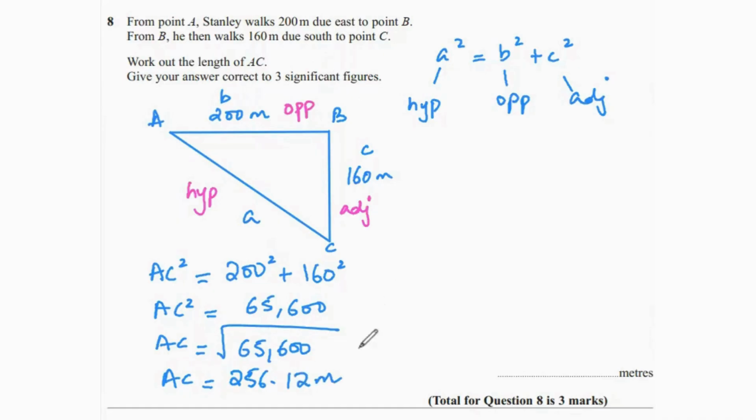We want the answer correct to three significant figures. So three significant figures are going to be 256 meters. That is your answer. So for Pythagoras, the main rule is hypotenuse squared equals the sum of the squares of the other two lengths. The other two lengths are opposite and adjacent.